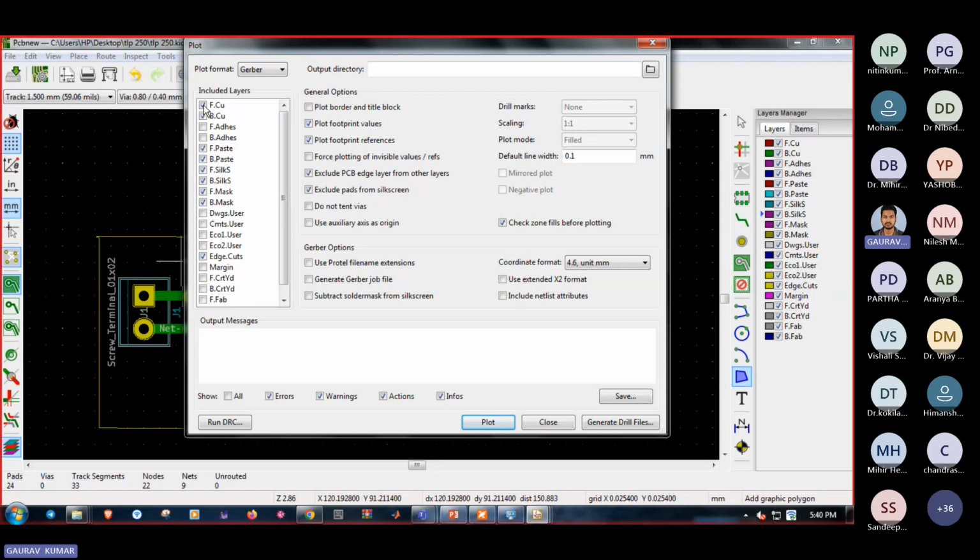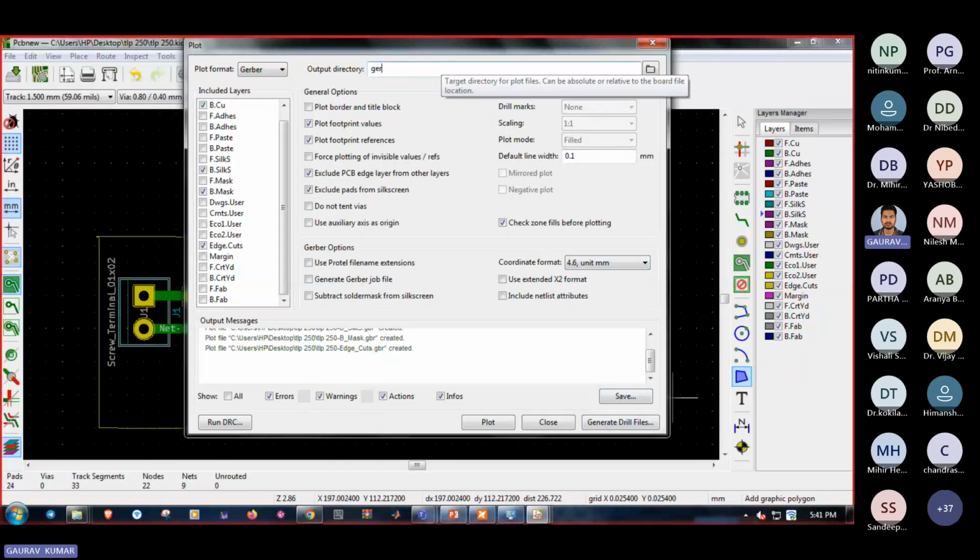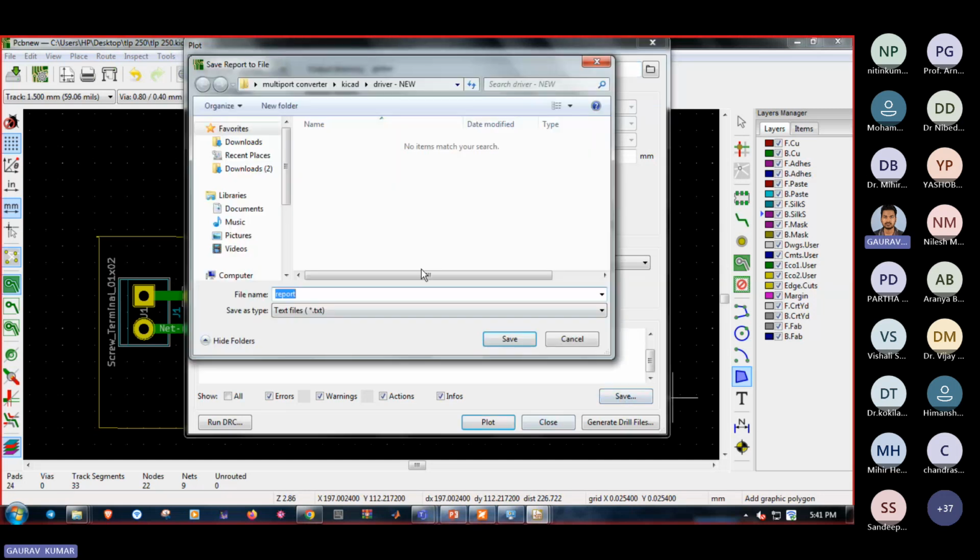Front copper is not needed, front paste and bottom paste are not needed, front silk is also not needed. Bottom silk is needed, bottom mask is needed, edge cut is needed. So all these four pieces of information we can plot, and we have to give it a name to save it. Then we have to save.